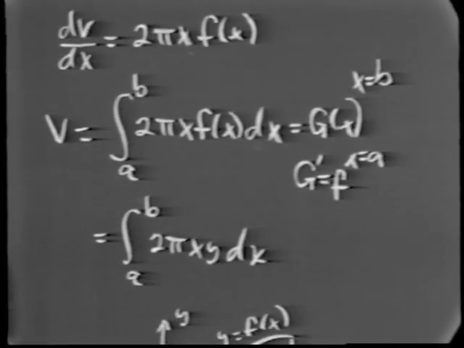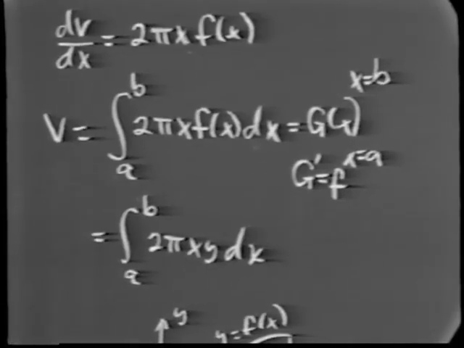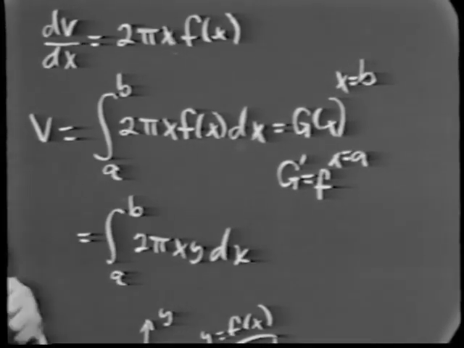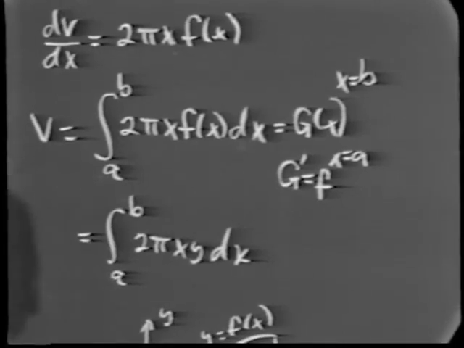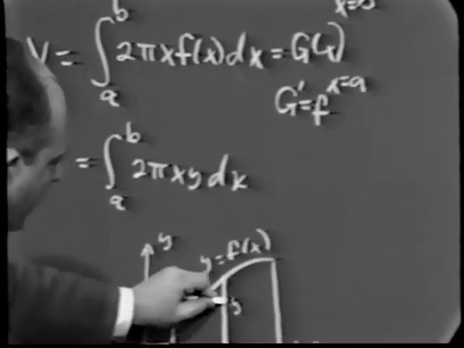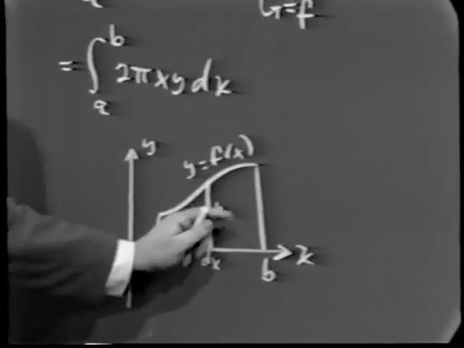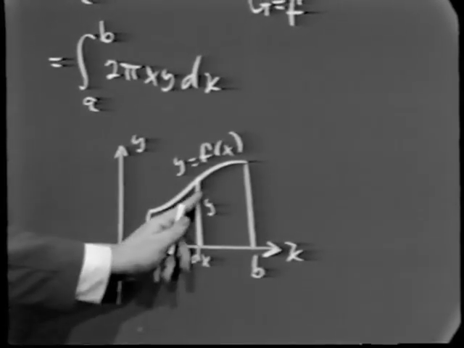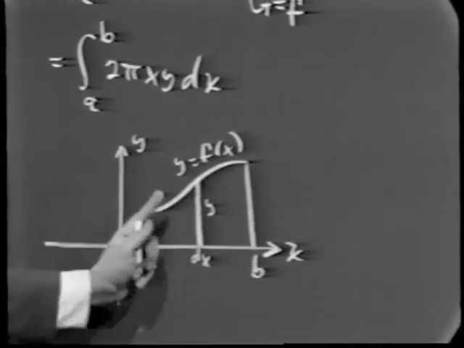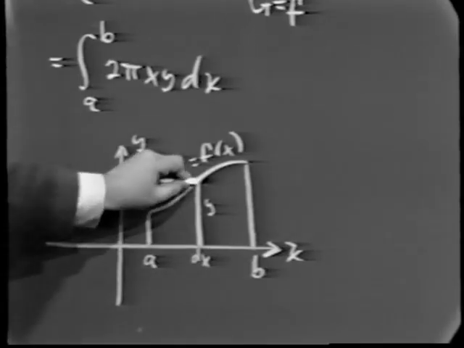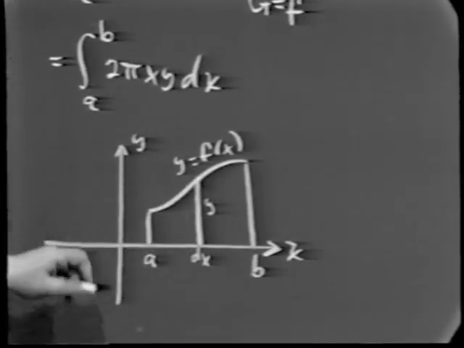And if you want to think of this in what I call the traditional engineering point of view, where you think of a thin rectangle generating a volume, what we're saying is, if you think of a little thin piece like this being revolved to generate, say, some material in a tin can, notice the amount of material in here will be what?